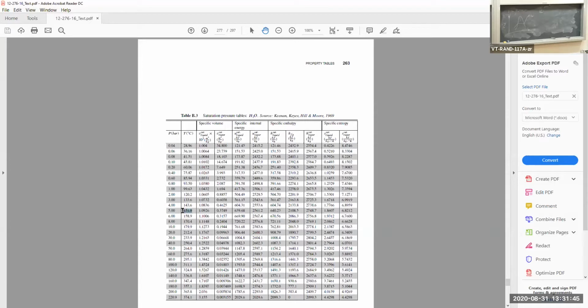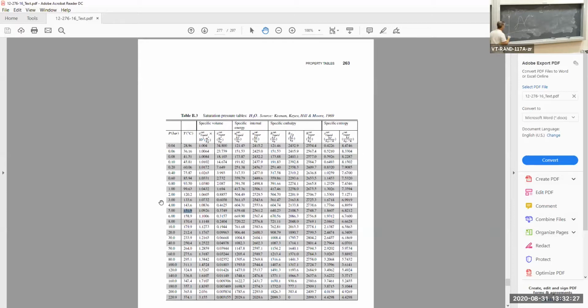The boiling temperature or saturation temperature at 5 bar is 151.9 degrees C. So T-sat at 5 bar is 151.9 degrees C, and by the way, that's also equal to our temperature T. So we're at the boiling temperature, precisely. T-sat of 151.9 degrees C is also equal to T.